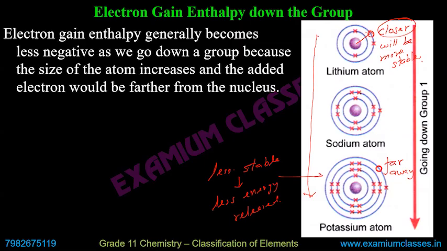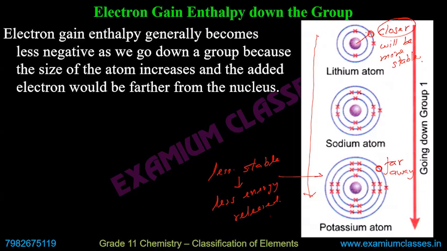Electron gain enthalpy will be positive if we are talking about extreme left or noble gases. In that case, we will have to provide energy to get the electron into the atom. When I am saying less energy release, it means the negative value of the electron gain enthalpy will be less.